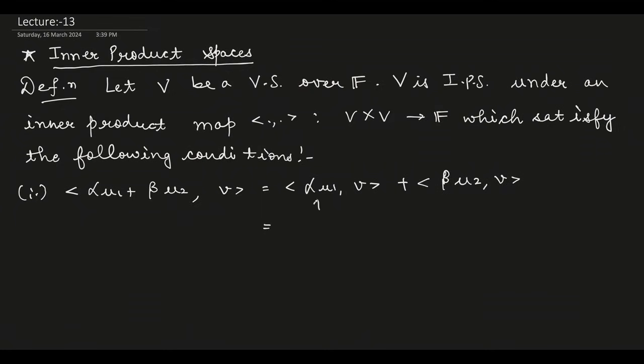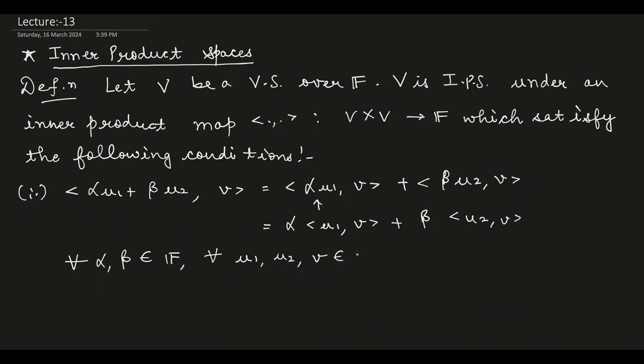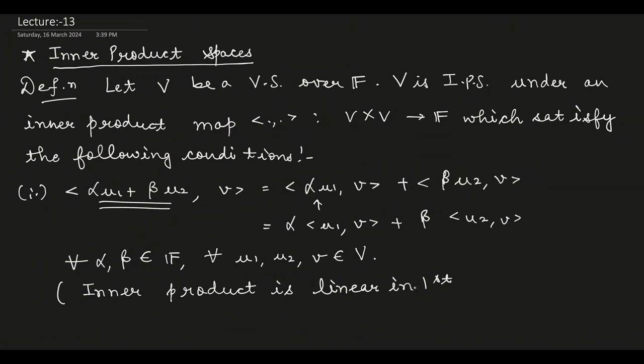So from the first coordinate the scalar will come outside as it is: alpha inner product of u1 comma v plus beta inner product of u2 comma v, for all alpha and beta scalars, and u1, u2 and v vectors from the vector space V. So this inner product is linear in the first coordinate. This is the first coordinate, na? It is linear in the first coordinate.